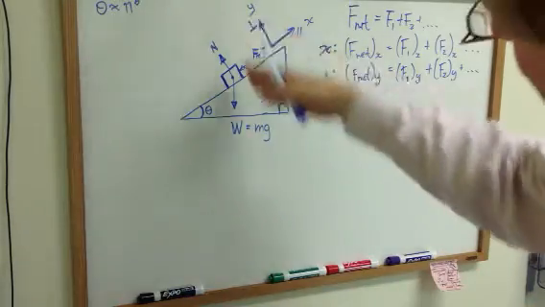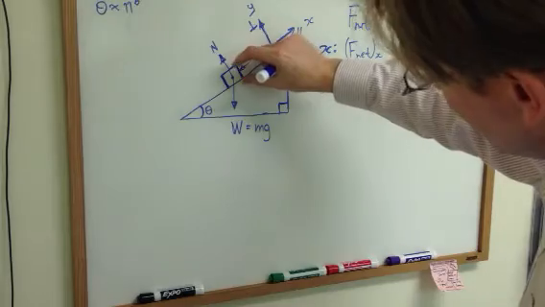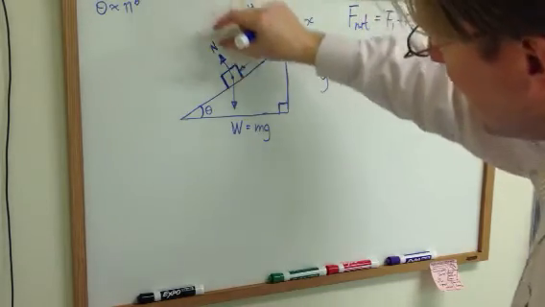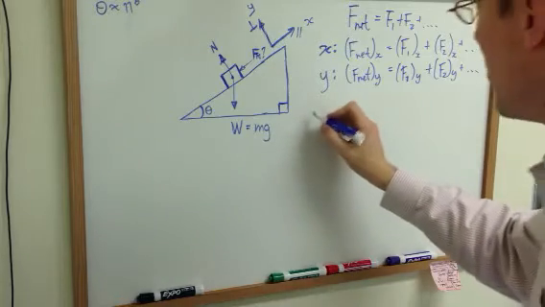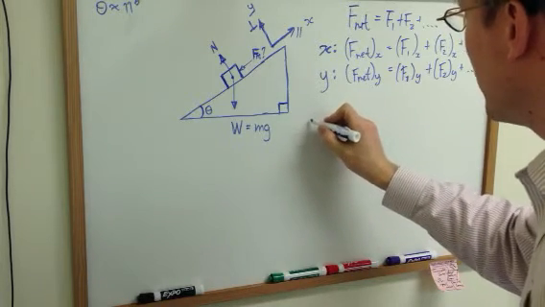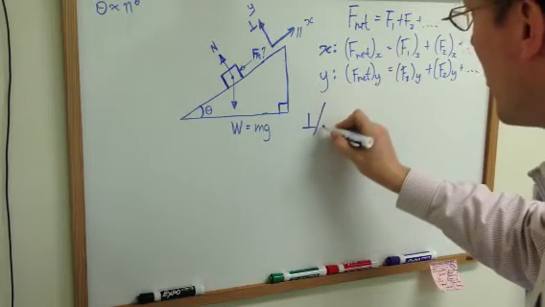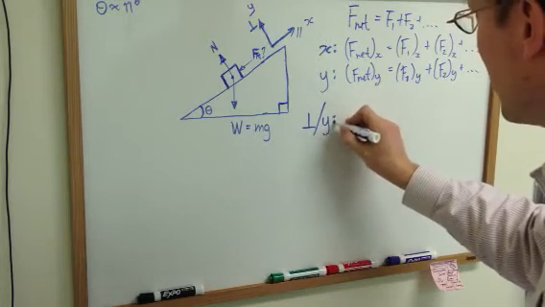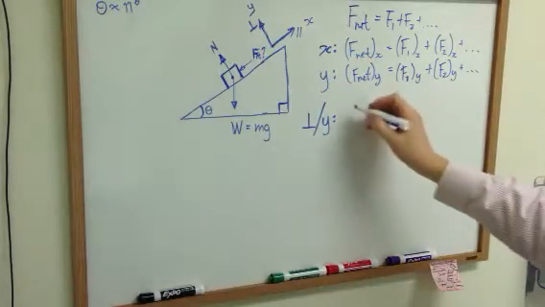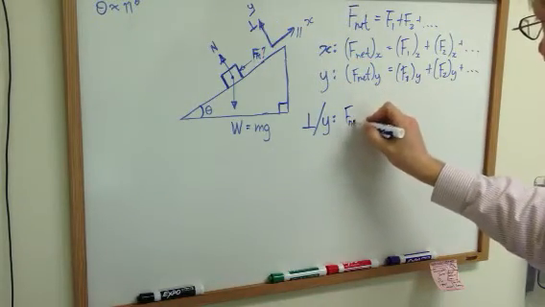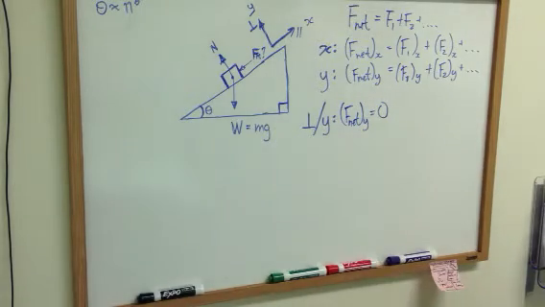Now let's think about the perpendicular direction. This block is not jumping up, nor is it sinking down. So I know that in the perpendicular direction, or in the y direction, the net force must be equal to 0.